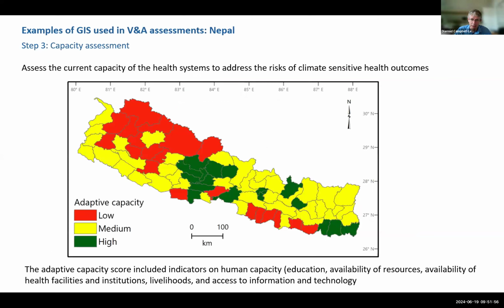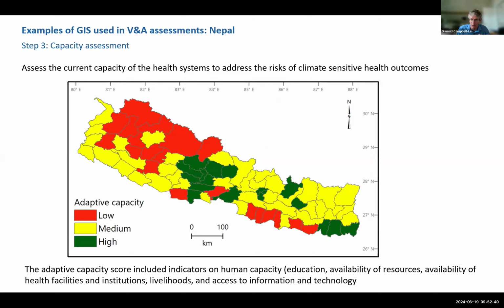Moving on to a slightly different property, GIS can also be used within those stages of the vulnerability and adaptation assessment to assess where not only the risk from the climate variable is high, but also where the vulnerability may be high and the adaptive capacity may be low. So we can say that, leaving aside for a moment the climate information, we may want to look at where we have challenges in terms of, for example, poor conditions for the underlying social determinants of health and weaknesses within the health system.